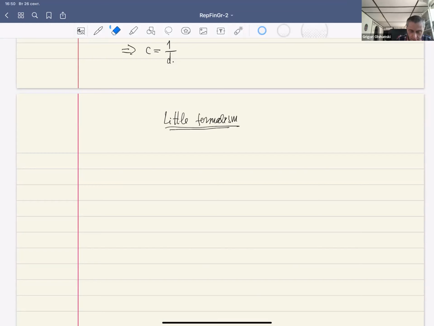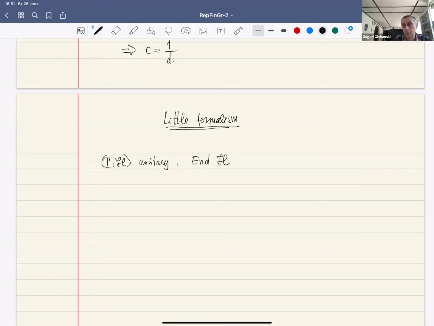So let's, for a moment, let H be a unitary representation, not necessarily irreducible. And let's consider the space of all operators, endomorphisms, all linear operators on our space. So this is a linear space.